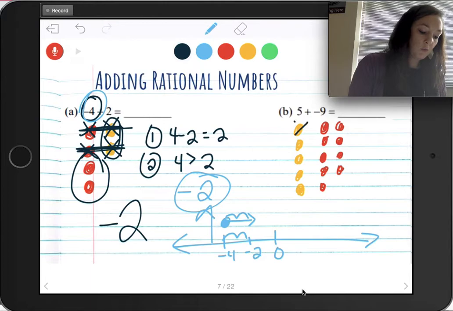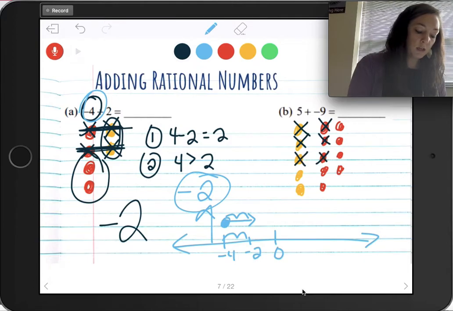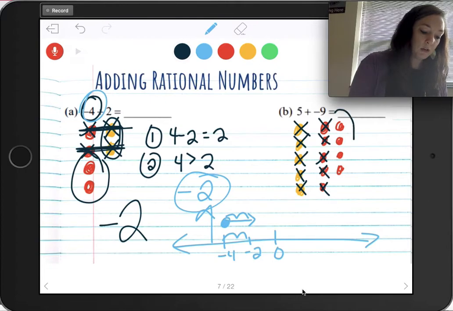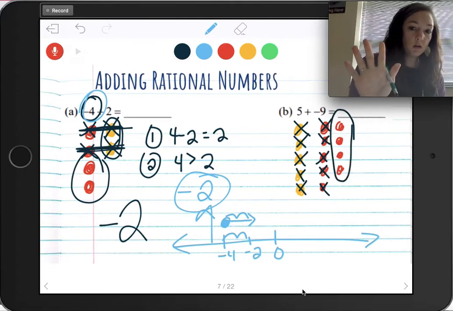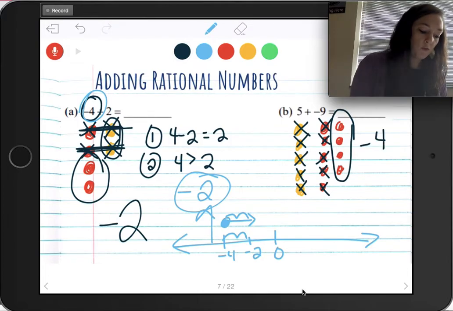I've got 1 positive, 1 negative, that makes 0. Positive, negative makes 0. Positive, negative makes 0. Positive, negative makes 0. Positive, negative makes 0. Okay, great. What do I have left over here? I've got 4, and it is negative. So my answer is negative 4.